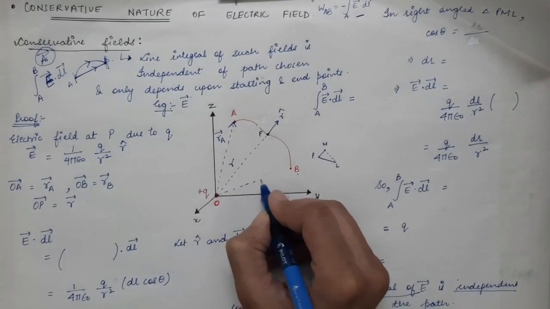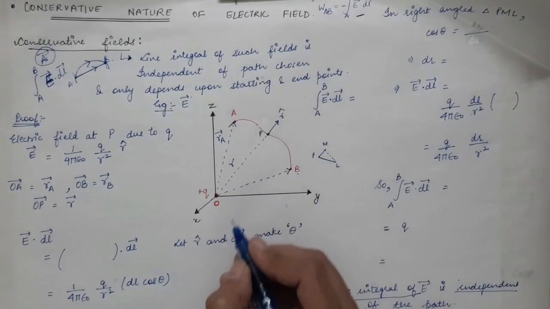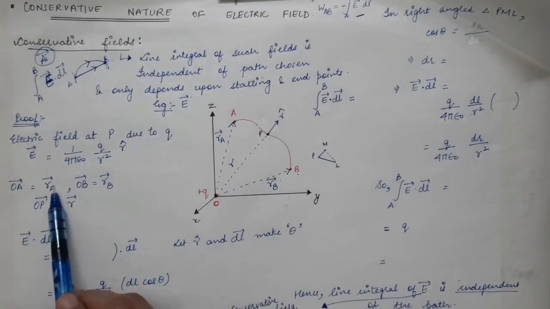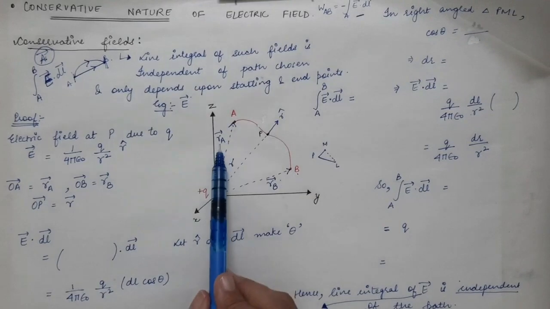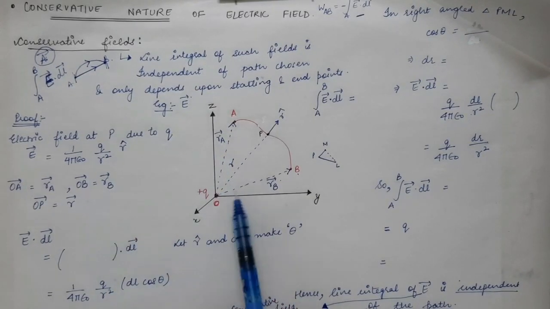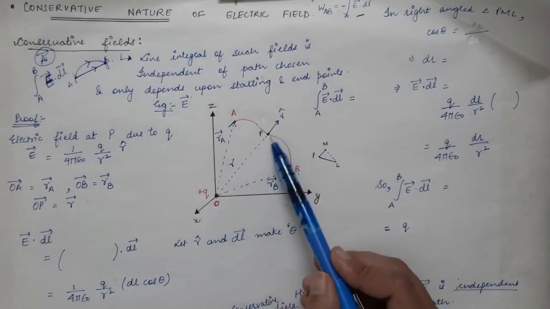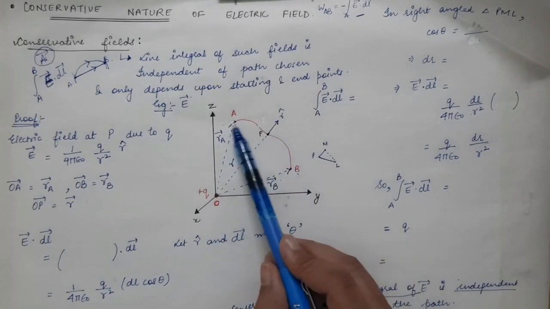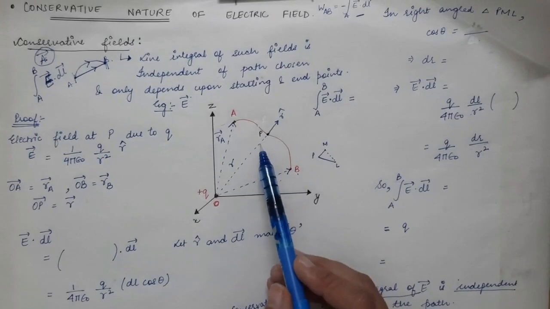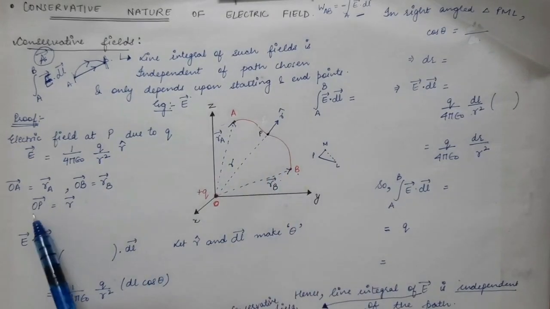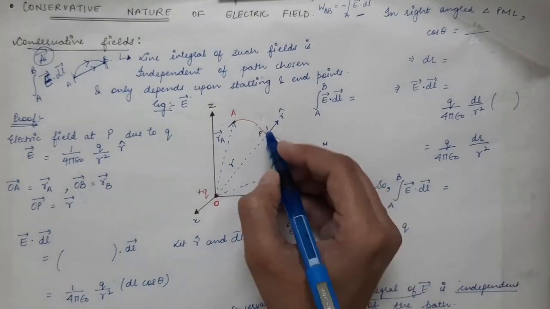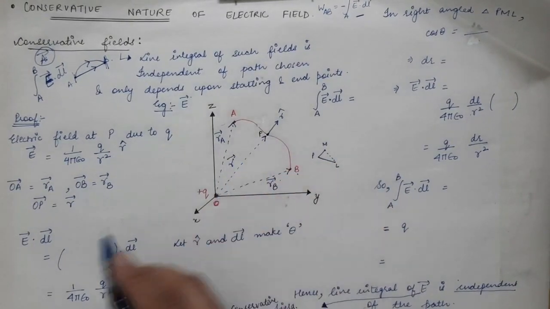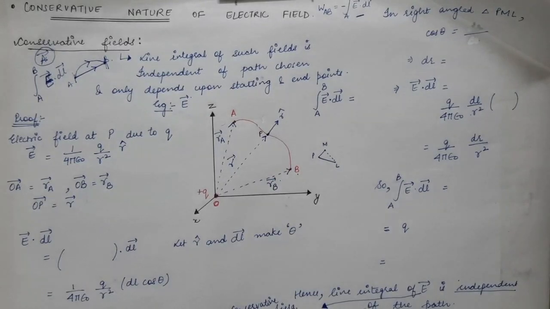And the position vector of the end point, this vector, let's say that is RB vector. So OA vector is RA vector, OB vector is RB vector, and this is OP vector. P is any random observation point which we are taking on this line. So what will be OP vector? OP vector is nothing but the position vector of the observation point, and that is R vector, small r vector.